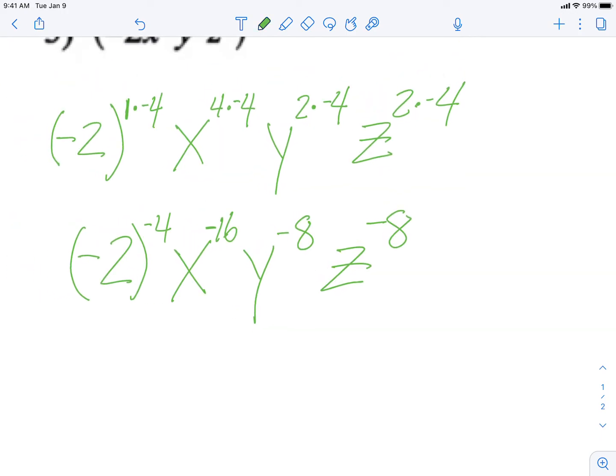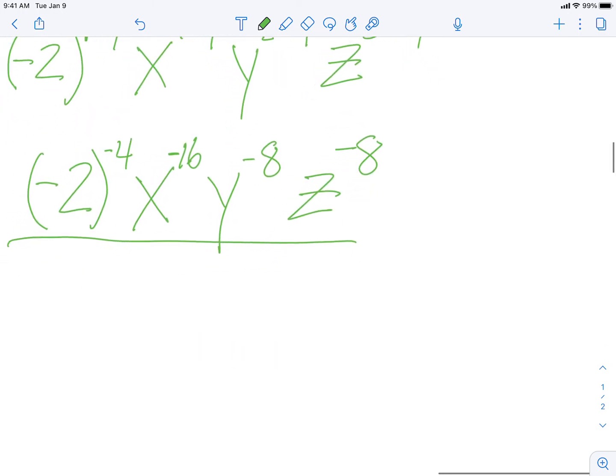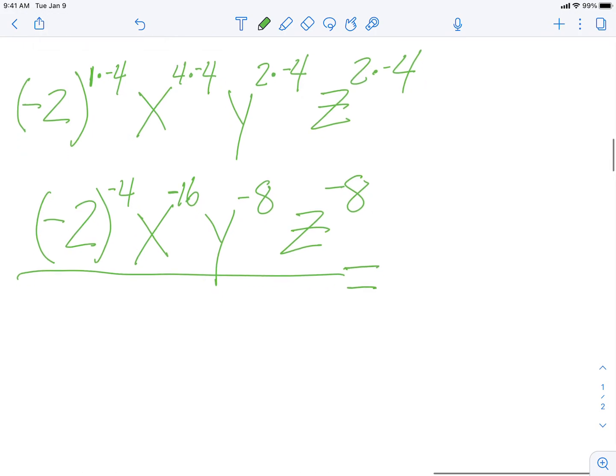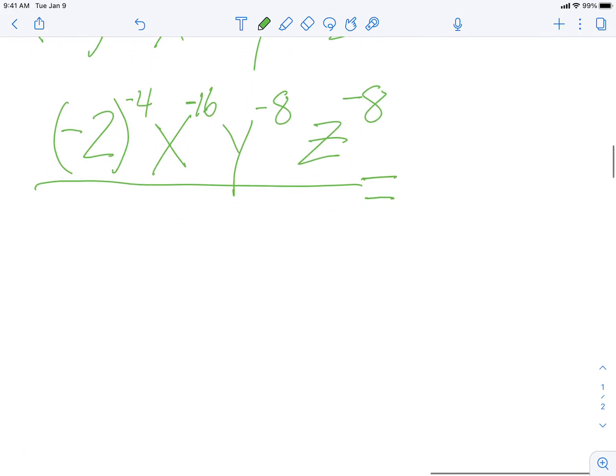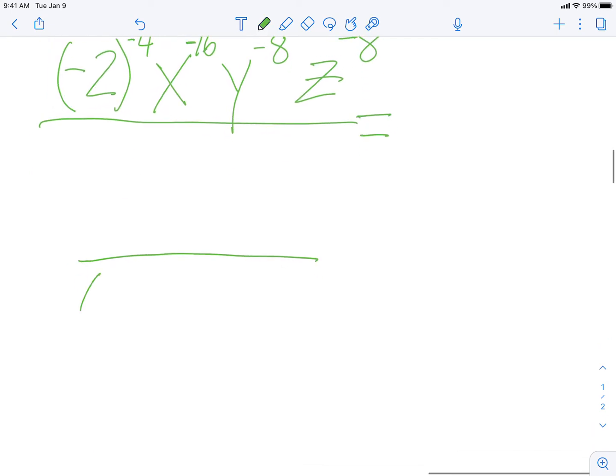Okay. Now remember, I want only positive exponents, right? So I'm going to draw my line here. I have a 1 down here, right? But for now, I'm going to keep it invisible, just like that. So this negative 2 to the negative 4 has to go down and become negative 2 to the positive 4.